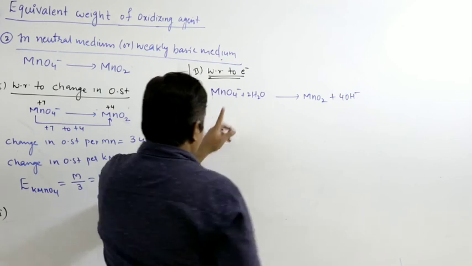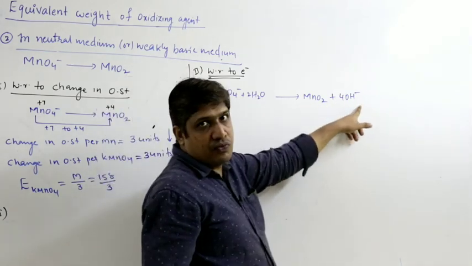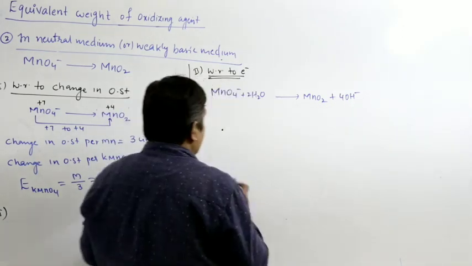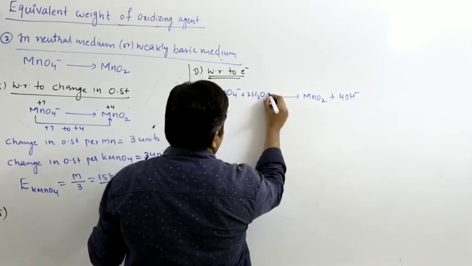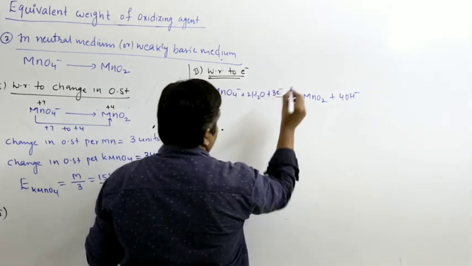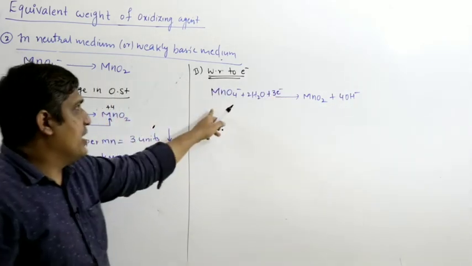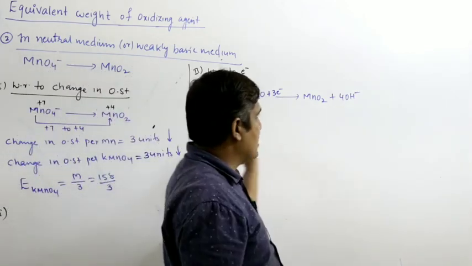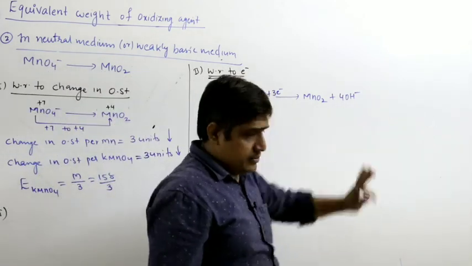Balance the charge: -1, -4. So I have to add 3 moles of electrons here. 3 moles of electrons: -1, -3, -4 on the left hand side, -4 on the right hand side. Balanced.